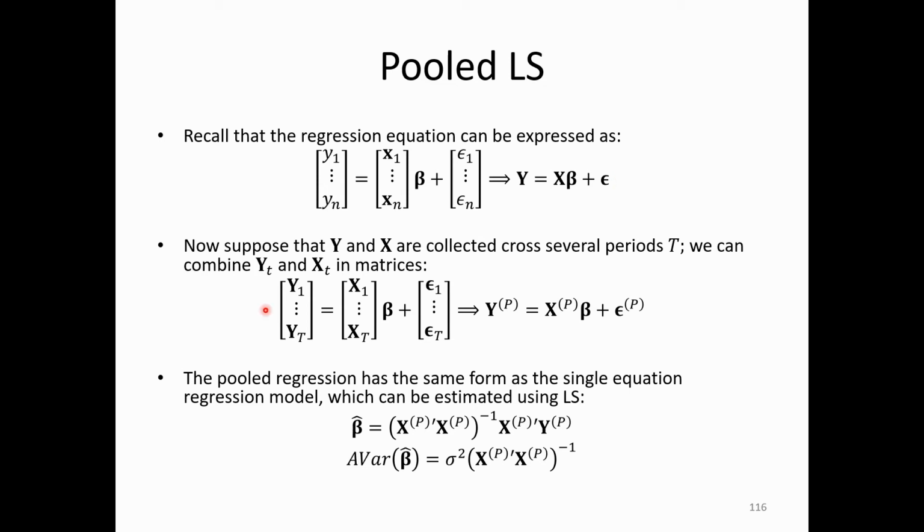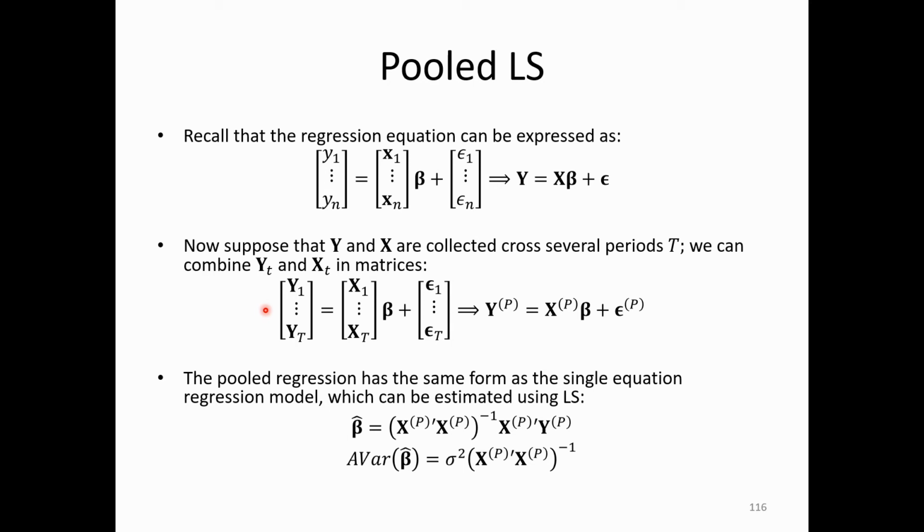Now suppose that the variables y and x are collected across capital T periods. And since we have several of these matrices, y1 until y capital T and x1 until x sub capital T, let's add a subscript to denote the time period when it was collected.